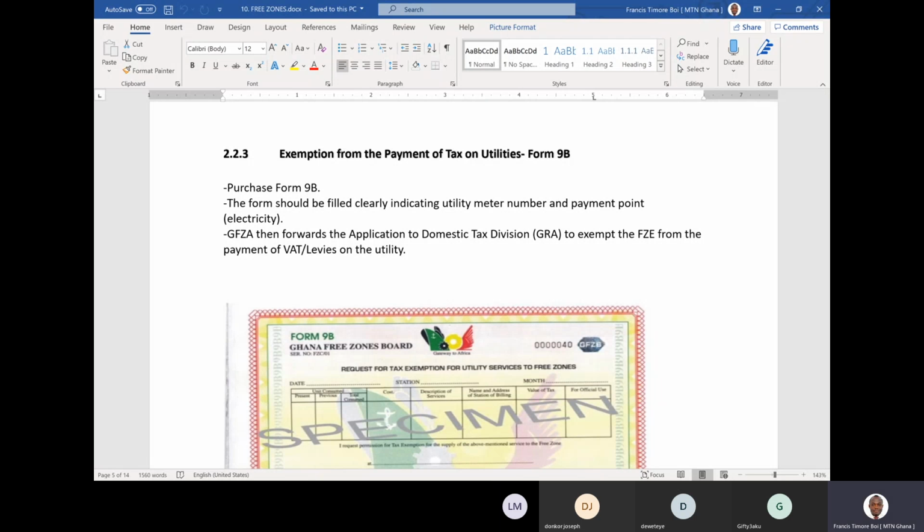So you buy the form, for example, if you are buying utilities, Form 9B. You fill it, you indicate the meter number and the payment point. Then the free zone will forward the application to the GRA to exempt the amount from the payment of the levies.